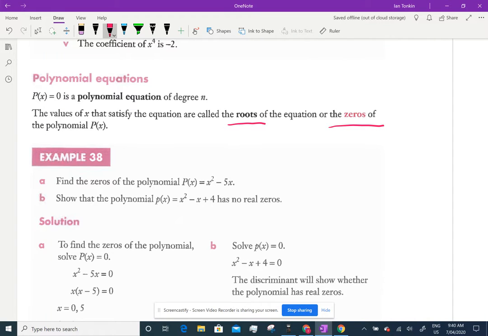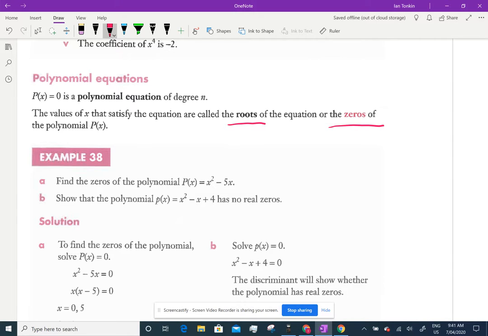Now we've already talked about roots all the time when we were graphing quadratics and graphing cubics and things like that. The roots are just where the curve crosses the x-axis. They're the x-intercepts. And the way to do it is just to put the polynomial equal to 0 and solve.